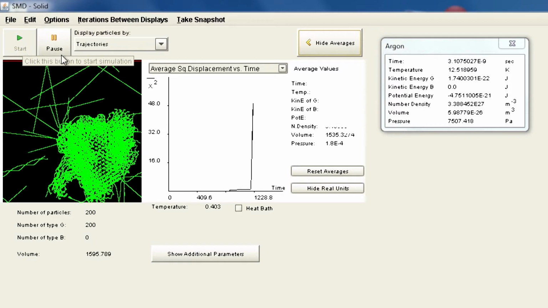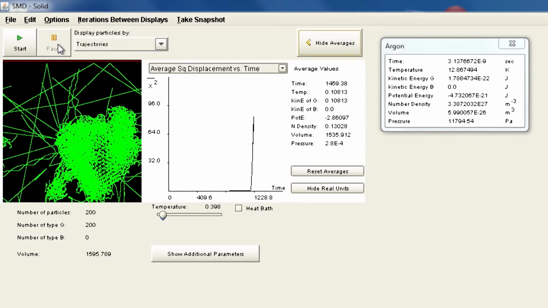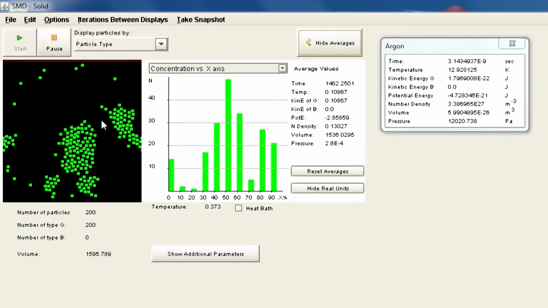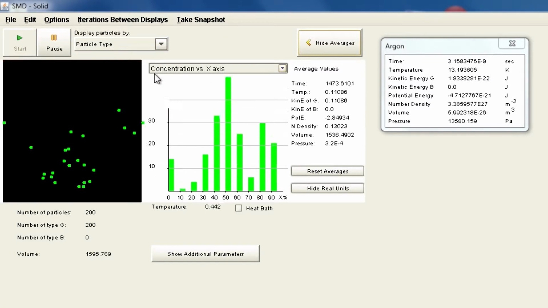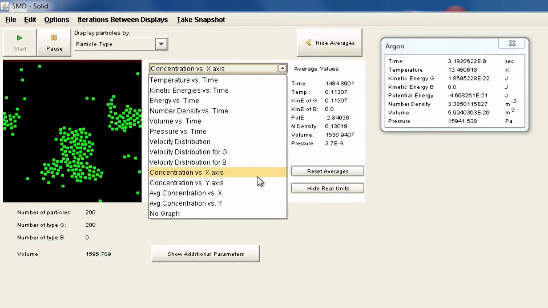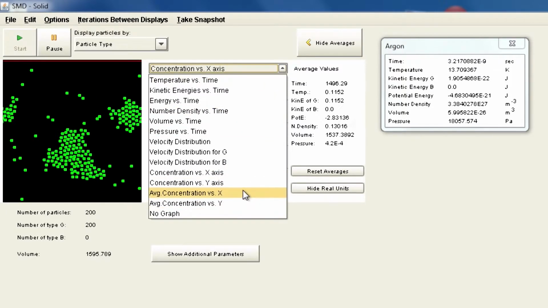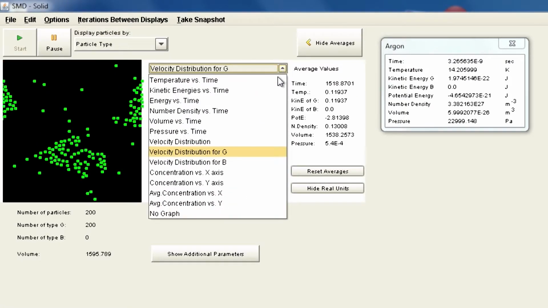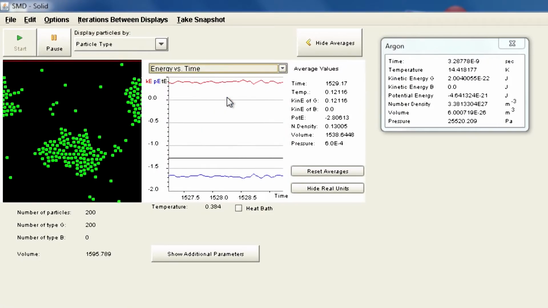Now, you will see trajectories, and let us look at atoms, and I am going to look at concentrations now, because the velocity distribution has grown quite a bit, and energy versus time.